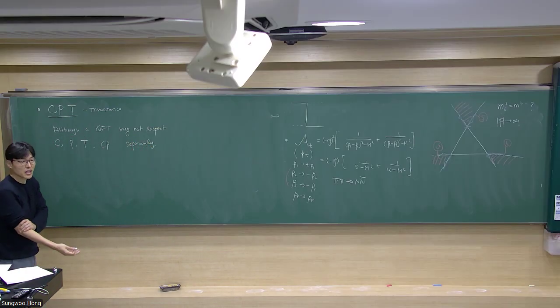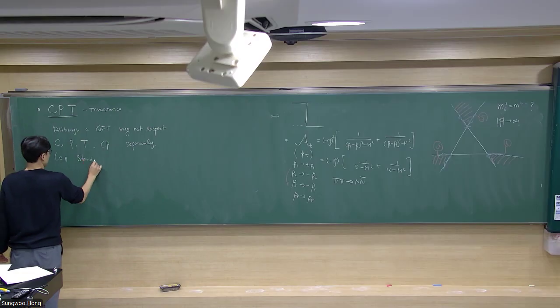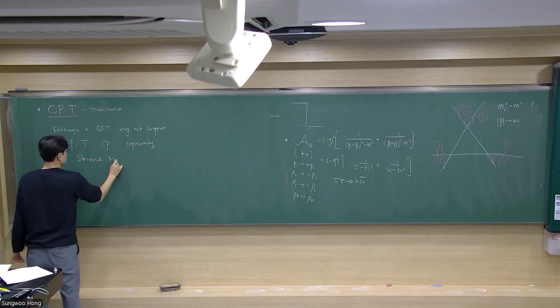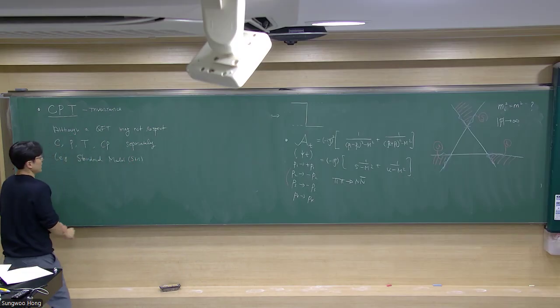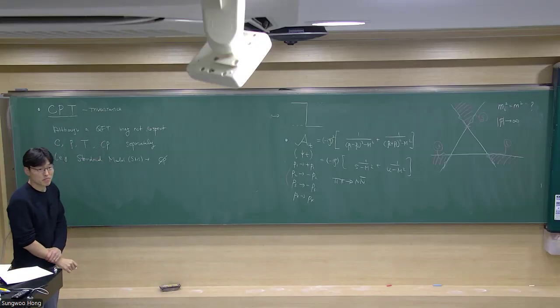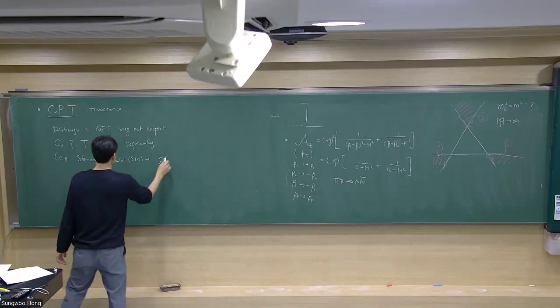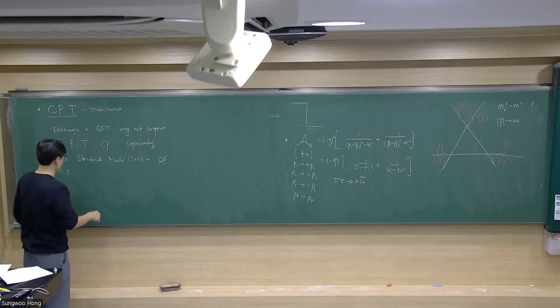It may not, and we have seen the examples. The example is the standard model of particle physics, which we often just write as SM. It actually does not respect CP, for instance.